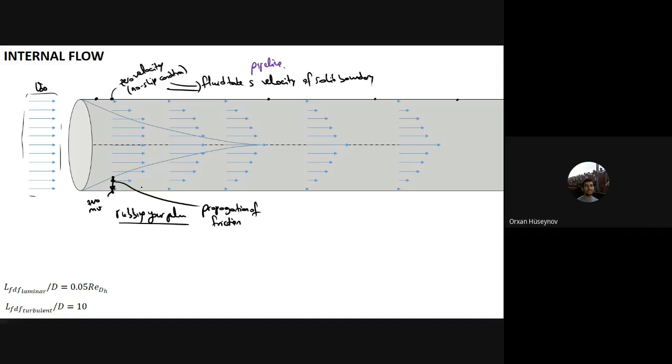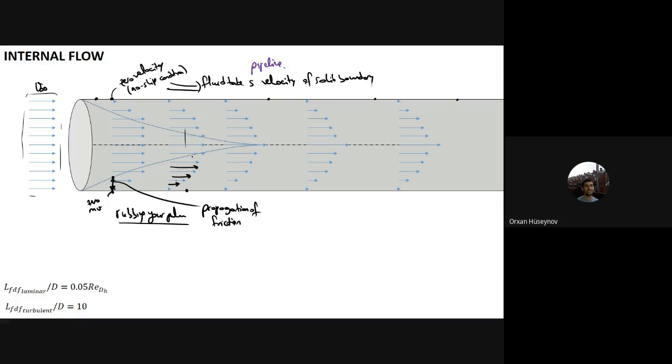Know that friction doesn't propagate with infinite velocity. If you have zero velocity here, it doesn't propagate into the domain instantly. It has a finite speed, because this fluid layer and the next fluid layer rub against each other, and this one slows down that one, and next by next.